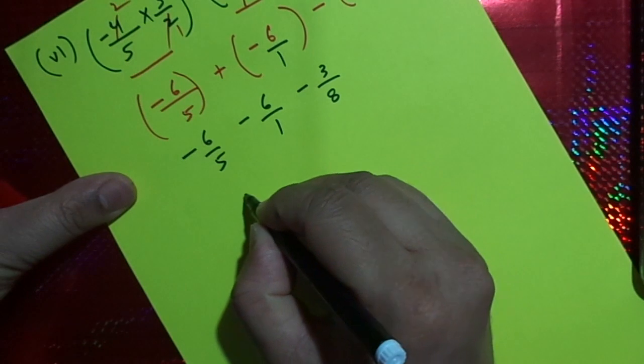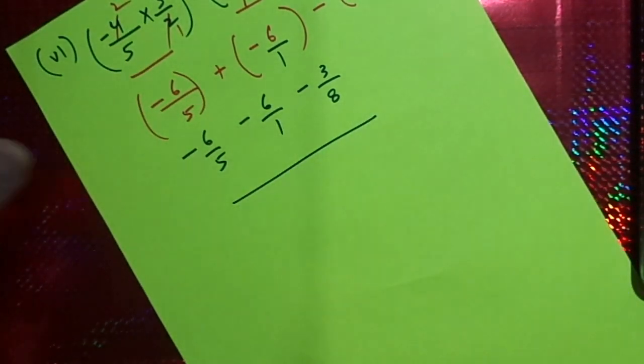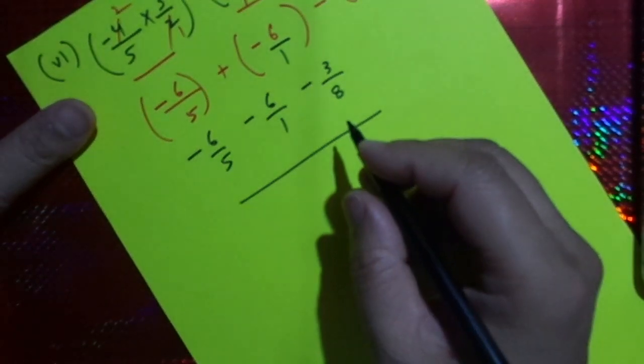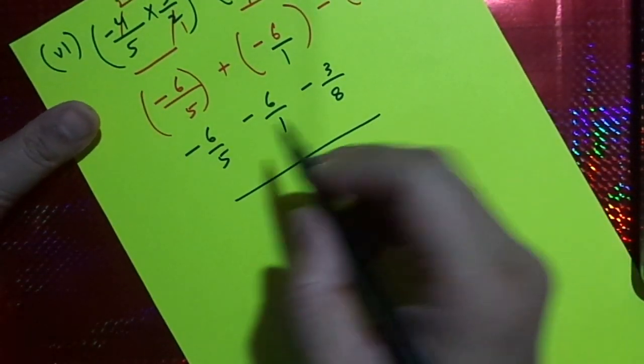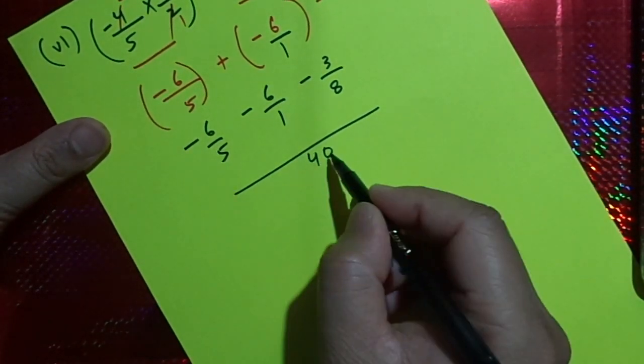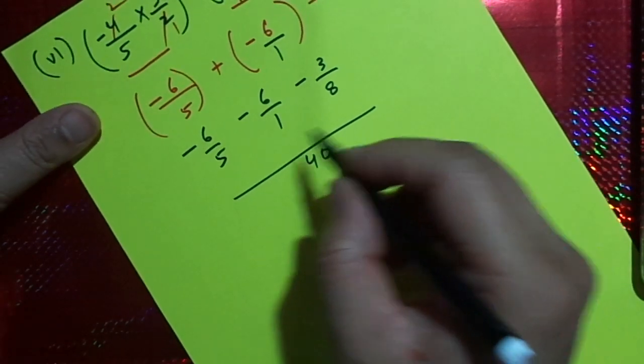Now I hope the same sum simplifies to a smaller one, and for that I need to take the LCM.